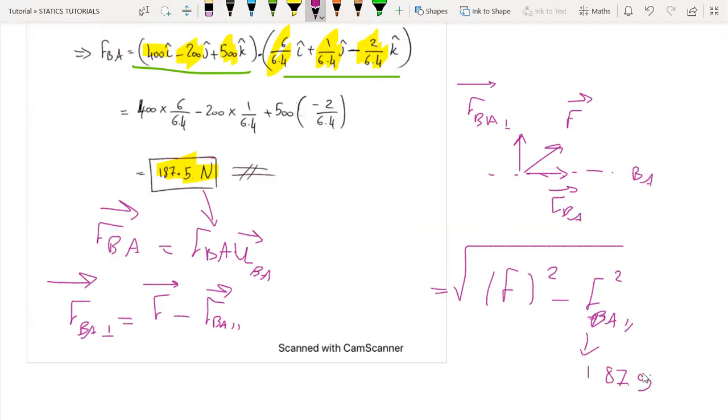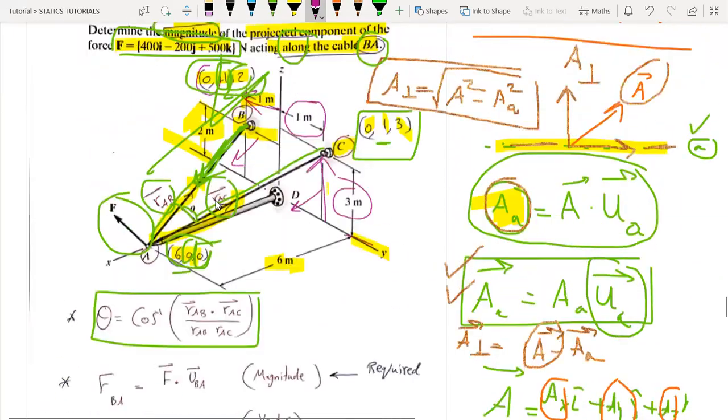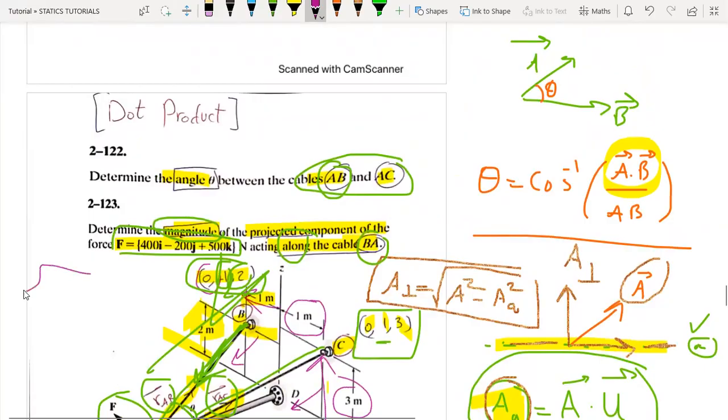And the magnitude of the force F we can find simply by taking the square root of 400 squared plus 500 squared, positive or negative doesn't matter really.